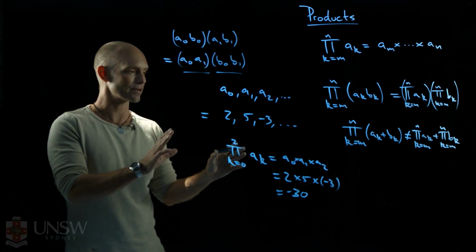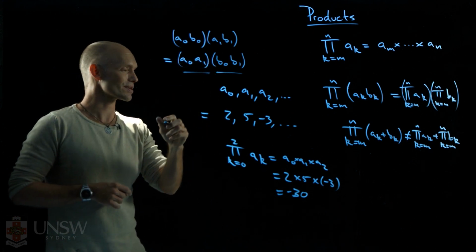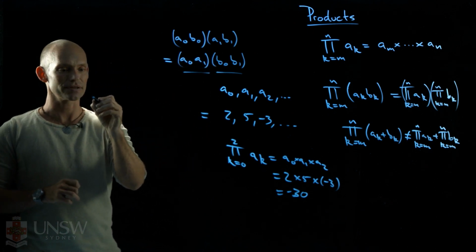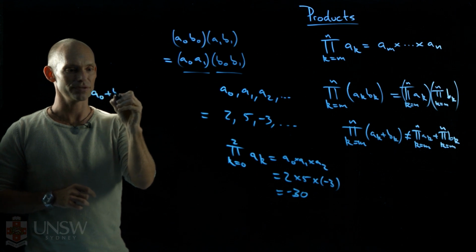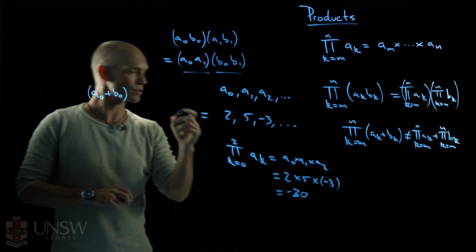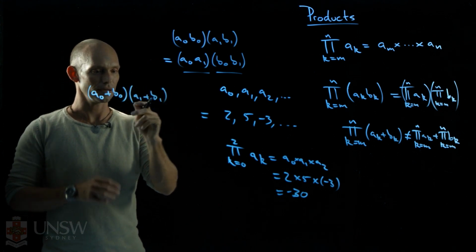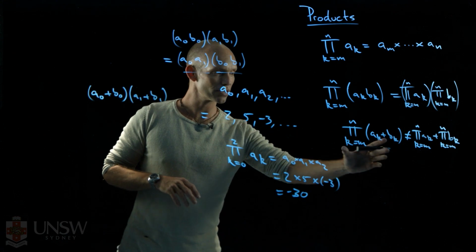So if we wanted to convince ourselves that this is not true in general, well, let's try to find a very simple example, just with two terms, just like we had here. So let's say that we've got A0 plus B0. That was the first term, and the second term is A1 plus B1. And so this is the left-hand side that we're talking about.